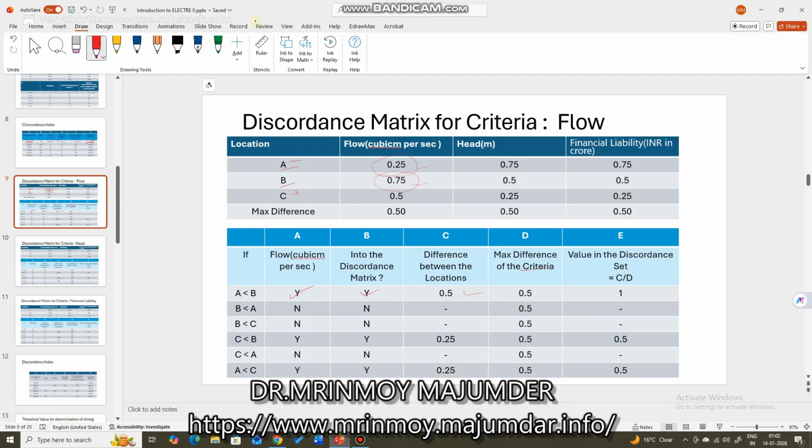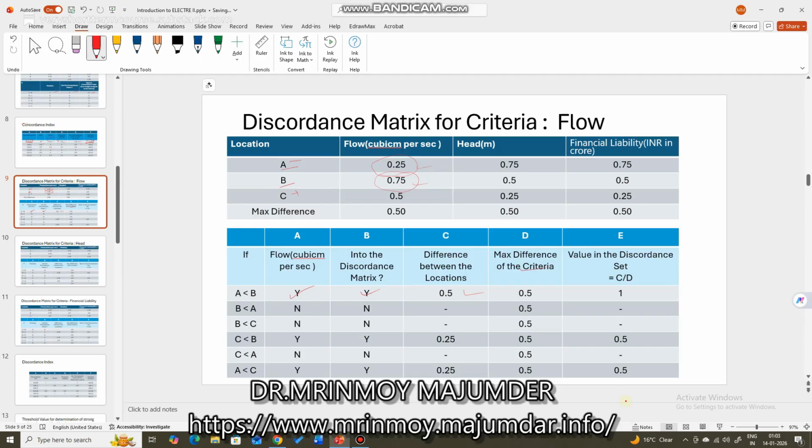But the maximum difference is the difference between the lowest value of the alternative in that criteria and the highest value of the alternative for the same criteria. So here the value becomes 0.5, the maximum difference, 0.75 minus 0.25, B minus A. And B minus C is also very small, it is 0.25 only, right?